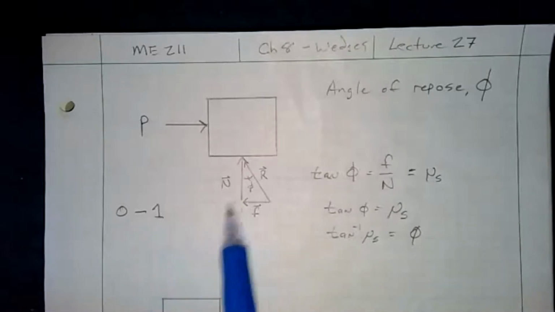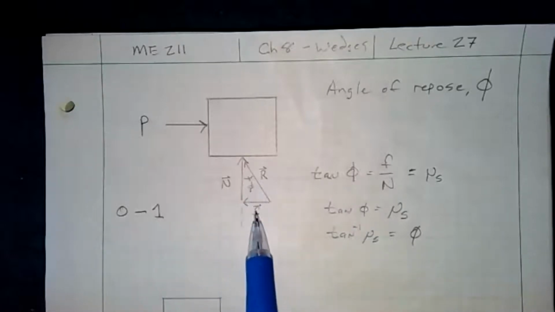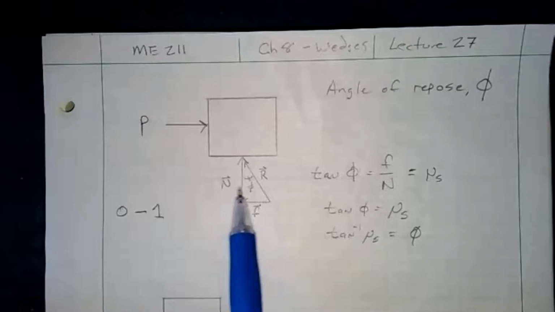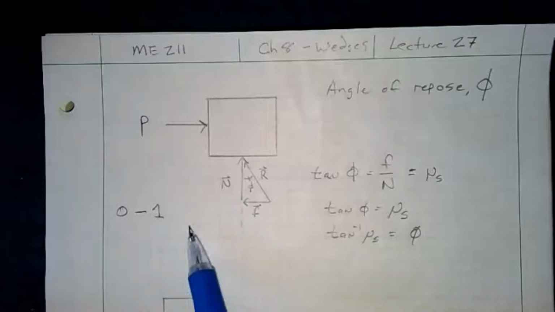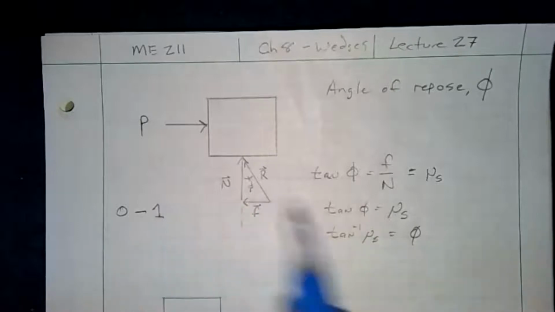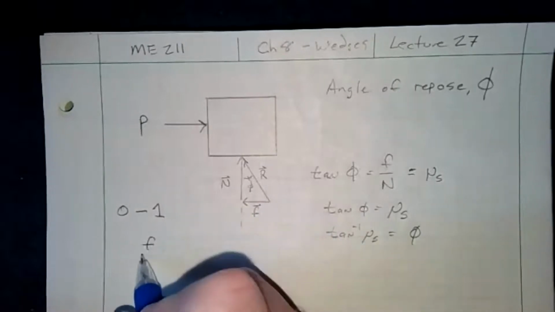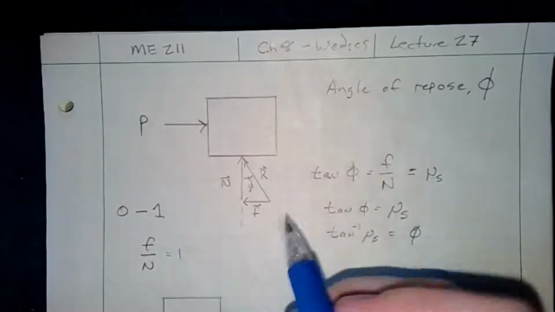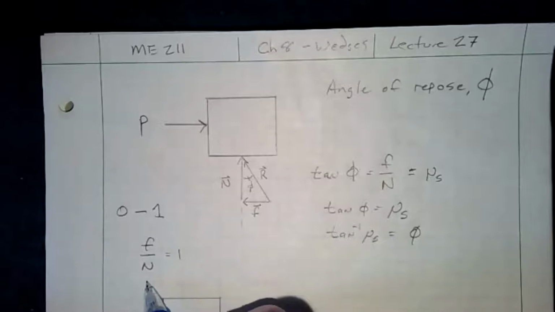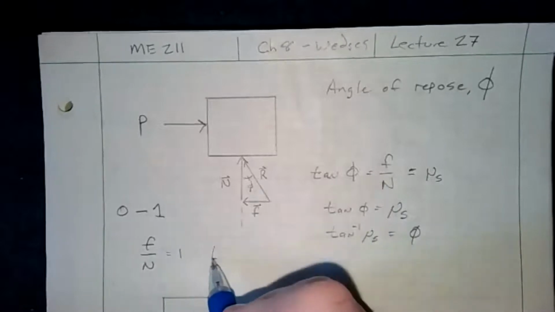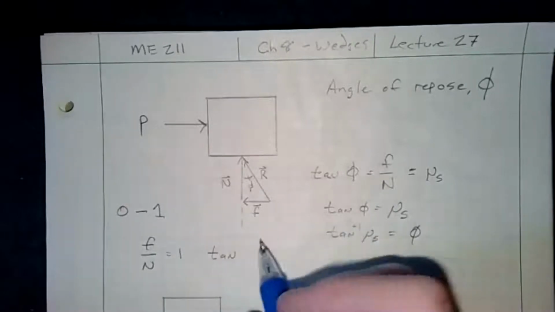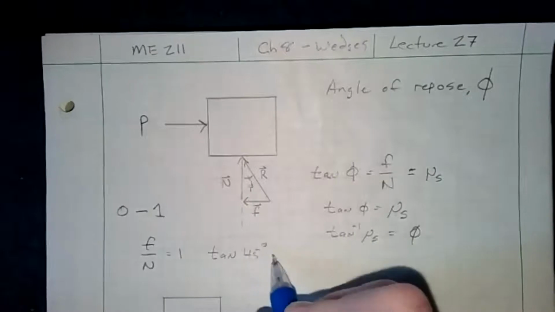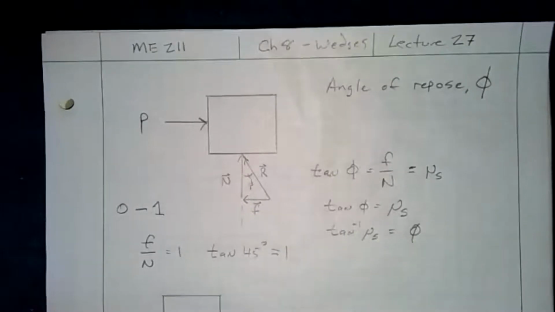Now, we also know that if the friction force is equal to the normal force, then that tells us it's the same as 1, isn't it? So if friction force over normal force equals 1, then basically these two are the same. But we also know that if we take the tangent of 45 degrees, that's also equal to 1, isn't it?